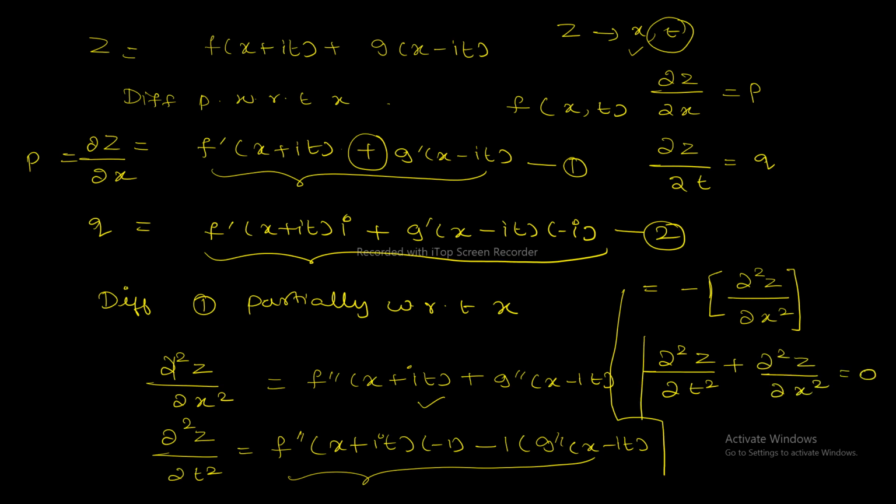So this is your required partial differential equation. In this case your partial differential equation is of second order. It does not depend on the number of functions or number of constants. It depends on how many times we are going to differentiate it and make it as convenient as we want. You don't want any functions in your differential equations or any constants in there.